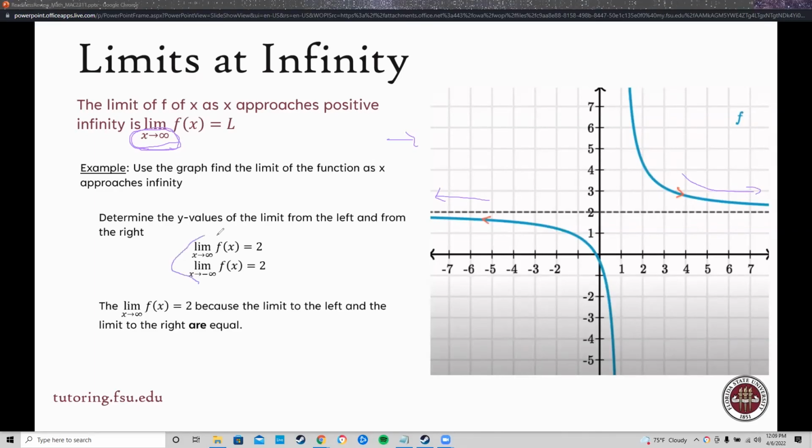For both positive and negative infinity in the x direction, the y value is 2. Because of that, the limit to the left and the limit to the right are equal, and the limit here exists. The limit is equal to 2.